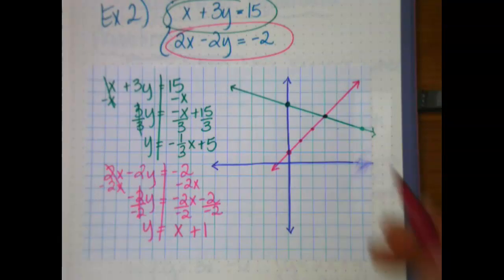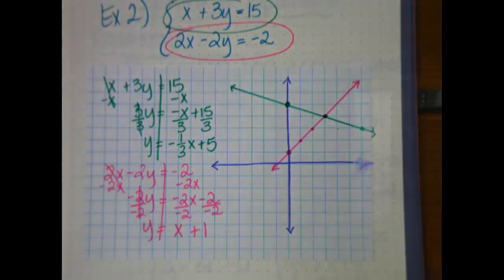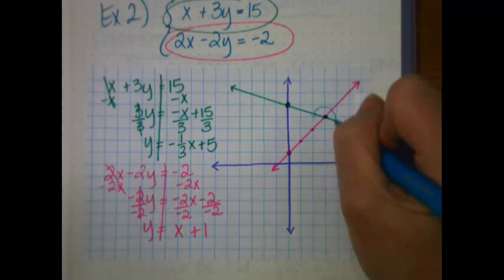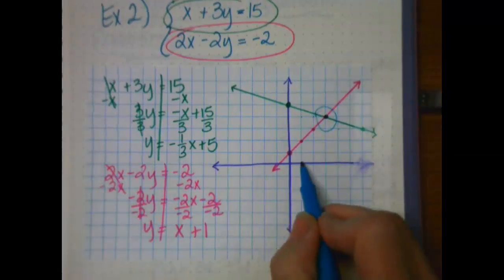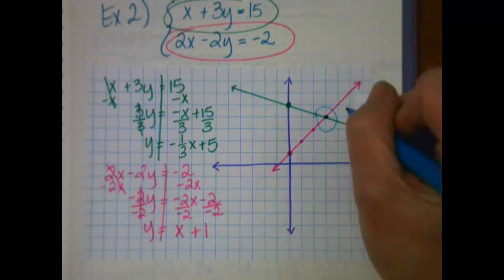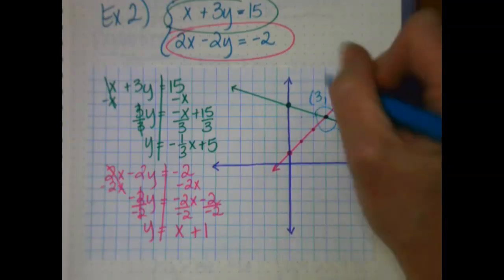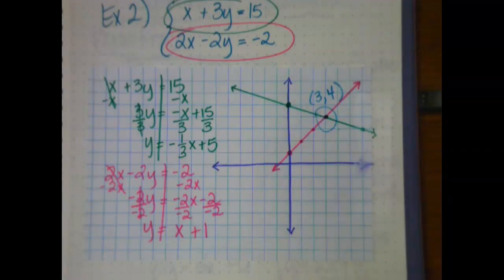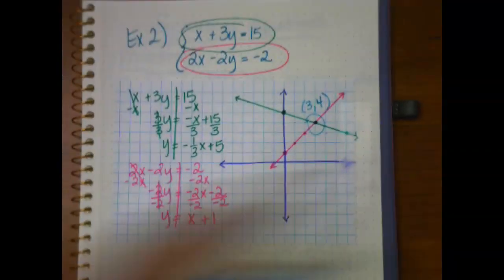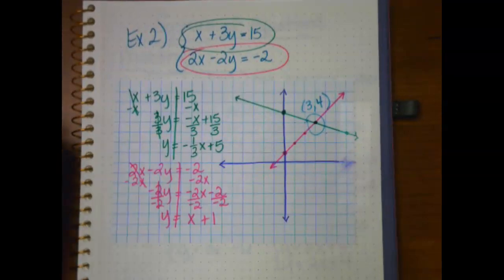And so the solution to this system of equations is going to be this point here, which is the point 1, 2, 3, and 1, 2, 3, 4. The point 3, 4. That is the x and y value that will make this solution true.